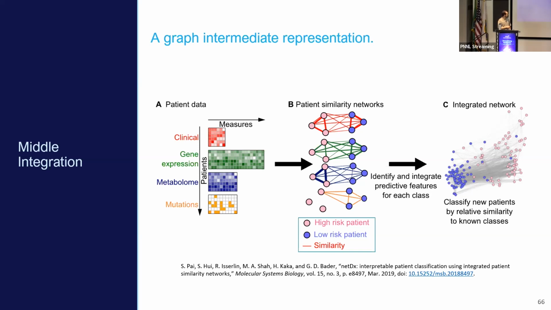And then they ask, for say gene expression, is a particular gene useful in connecting these blue patients, say the low risk patients, to each other? And is it also useful in connecting the high risk patients to each other, while making sure they're connected well within classes and not to the other class?